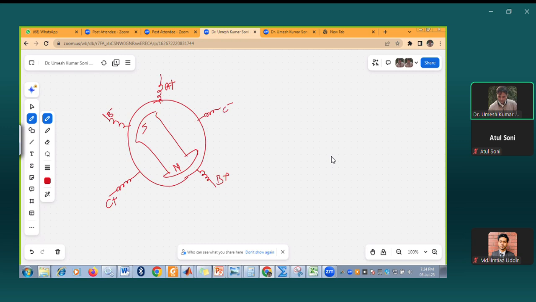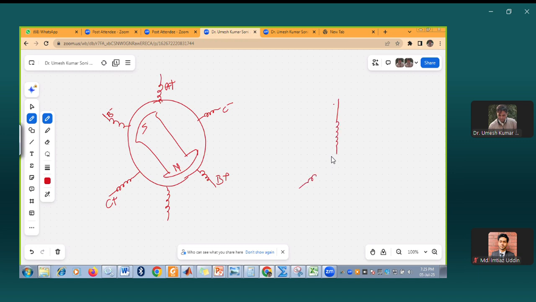C minus means when we give the negative terminal, we connect the phase A to negative, then A minus, A negative. Okay, and then we connect the phase C to positive, it will be C plus. Similarly, all other terminals. So here we can see that we have this star connection in the BLDC motor: A plus, B plus, and C plus.